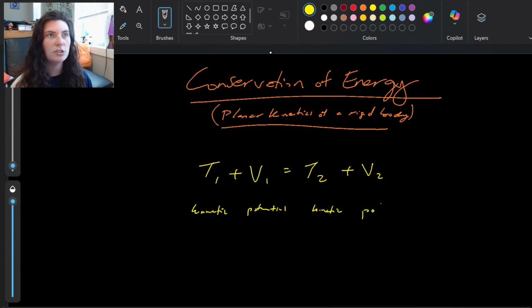And this is just the same equation that we saw back in the first half of class. Our conservation of energy equation still works just the same way.